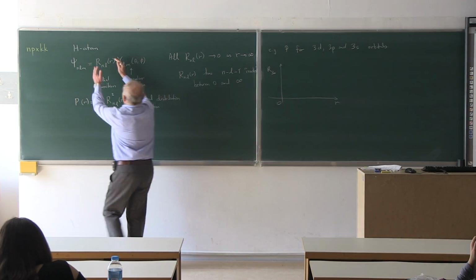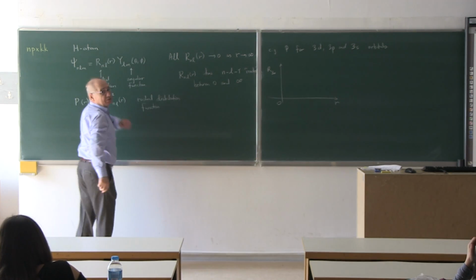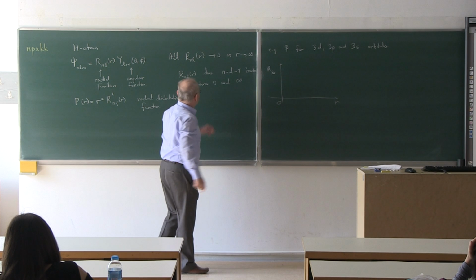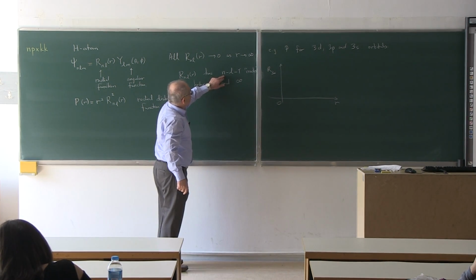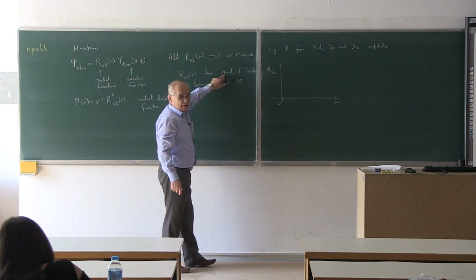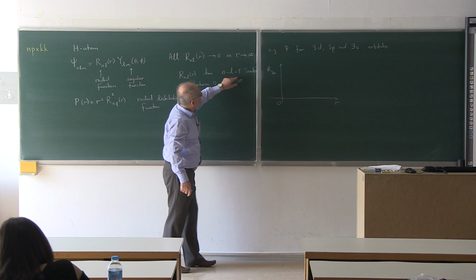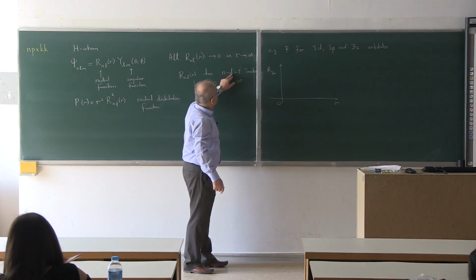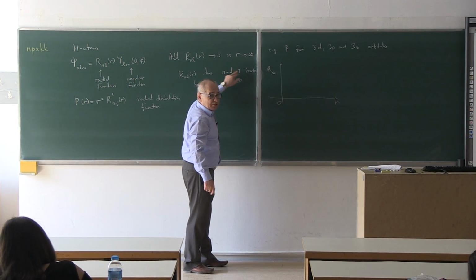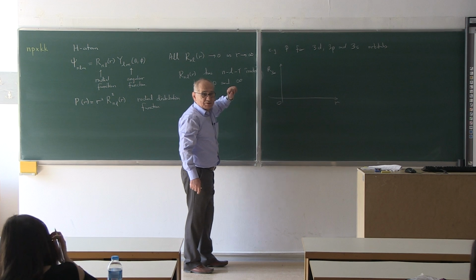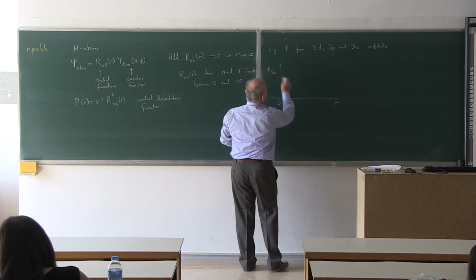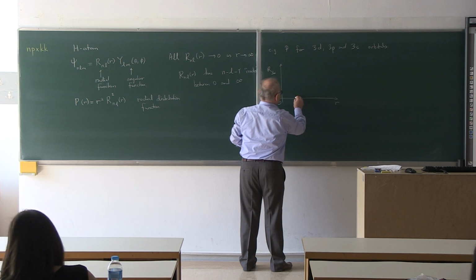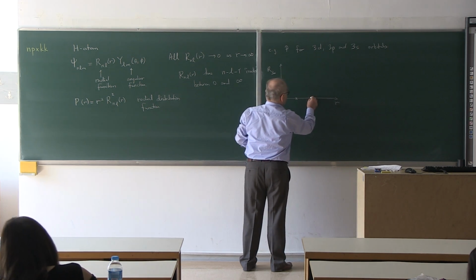I'm taking just this factor for the 3s orbital. Now, according to this rule, n is 3, l is, because it's s, 0, 3 minus 1, what is it? 2. It means that this function has one node and another node.